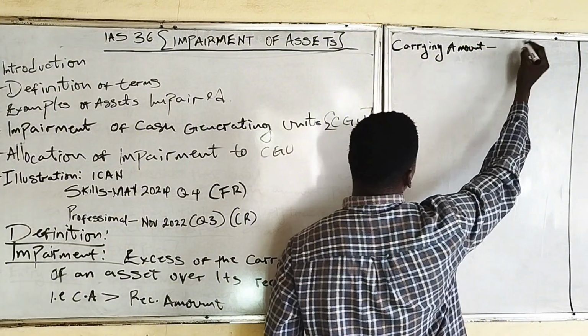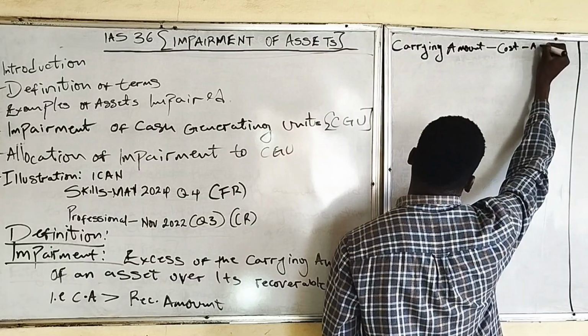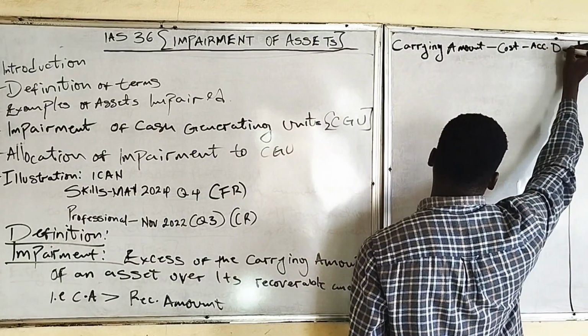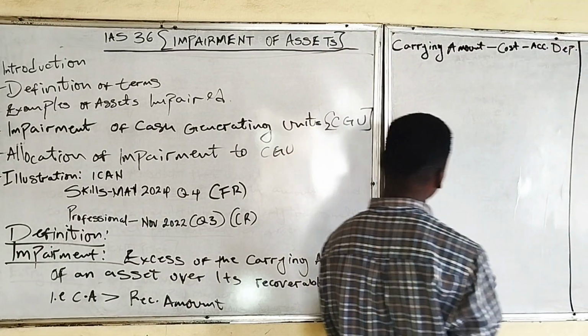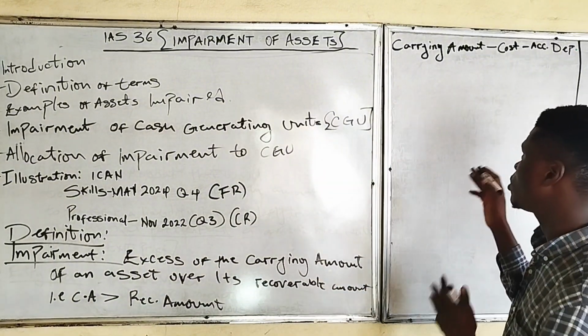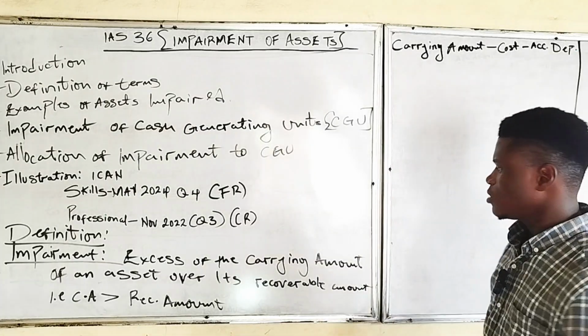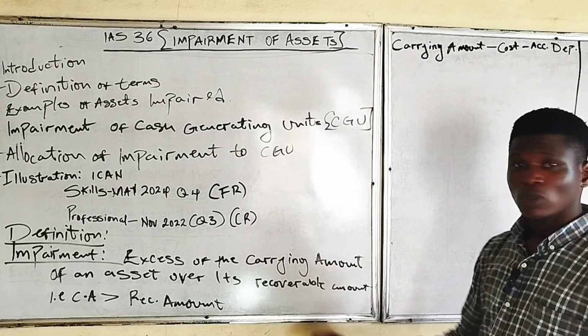Carrying amount is cost minus accumulated depreciation. We've talked about this before, that the carrying amount of an asset is the cost less the accumulated depreciation of the asset. So that's carrying amount. Then the other one is recoverable amount.